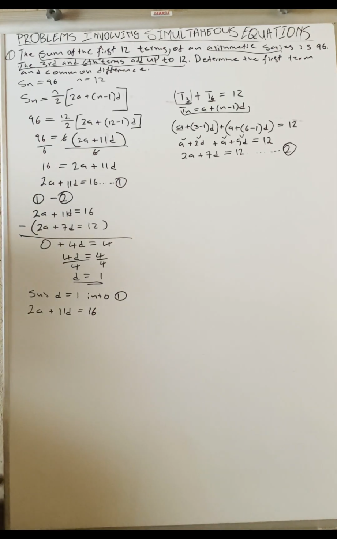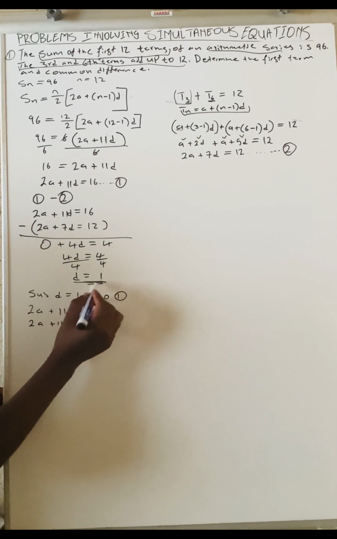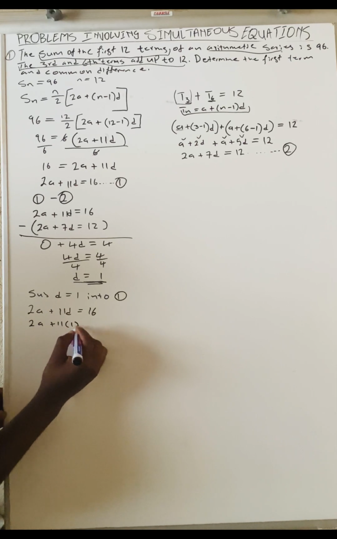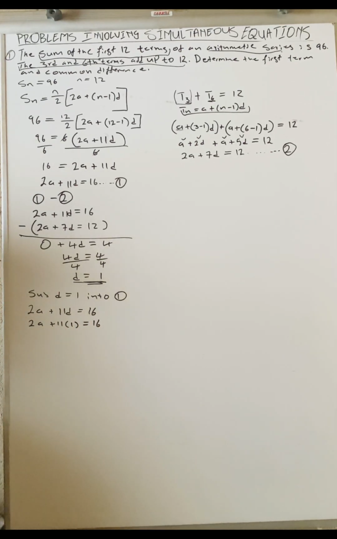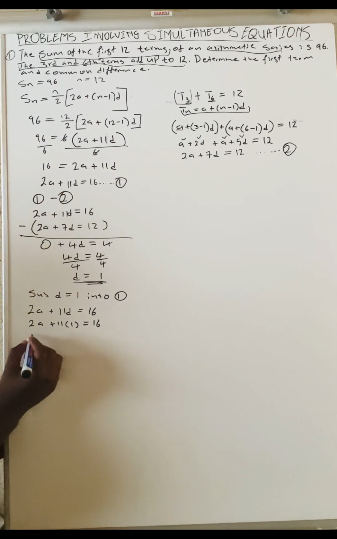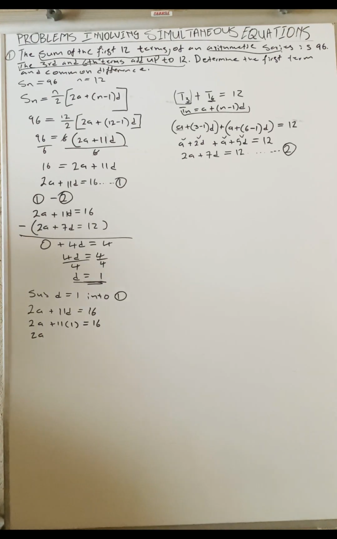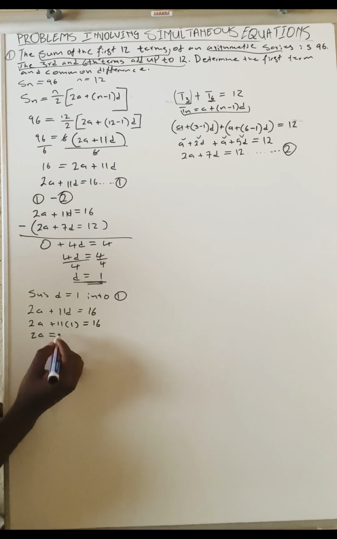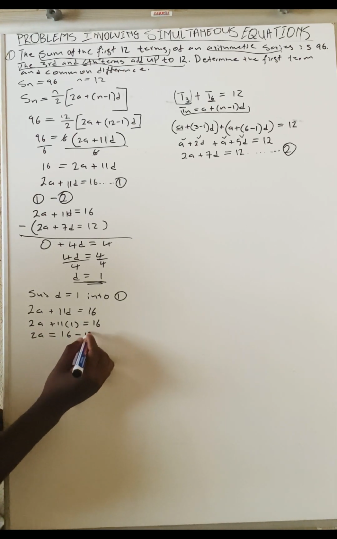Then you substitute d: 2A plus 11 times 1 is equal to 16. Then 2A, and this 11 jumps there and changes its sign: 16 minus 11.